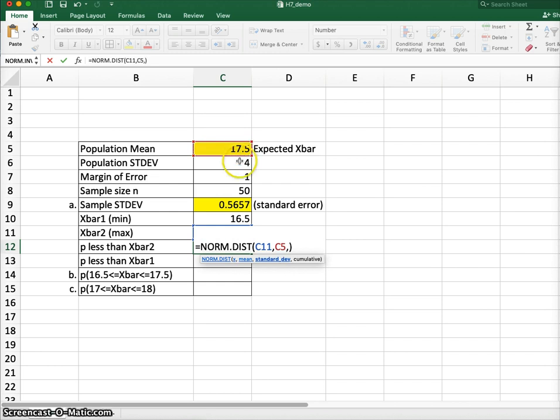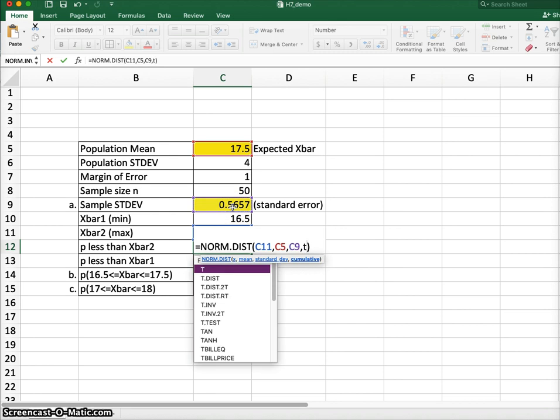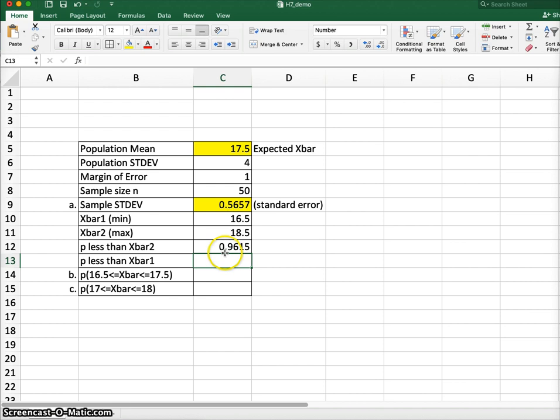For the standard deviation, make sure you use the sample standard deviation, and true. That's the probability that I would get a sample mean of 18.5 or less given an assumed population mean of 17.5.